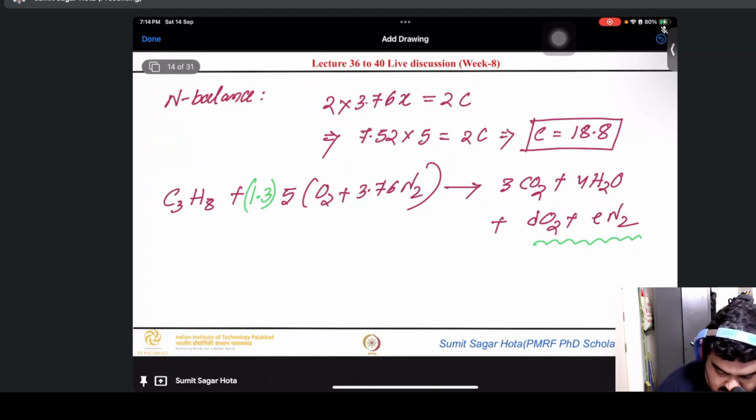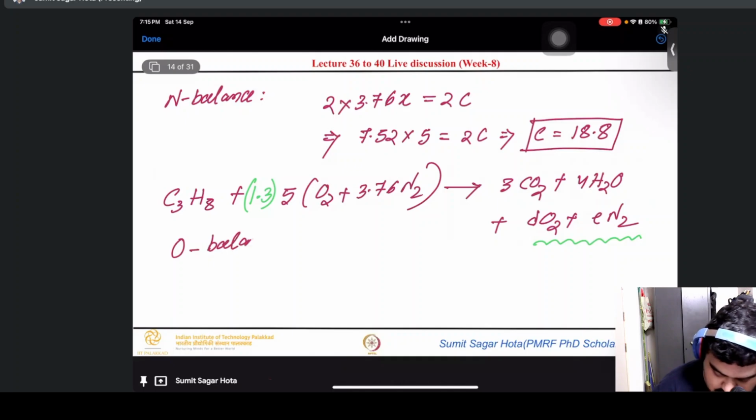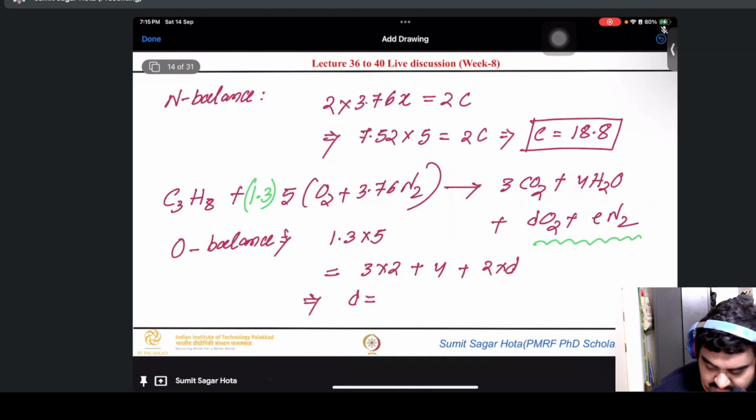So what will be the new oxygen balance? 1.3 times 5 is equal to: left hand side oxygen 1.3 into 5, right hand side oxygen 3 into 2 in carbon dioxide plus 4 in water plus 2 times D. Solve it, we'll get D as 1.5.